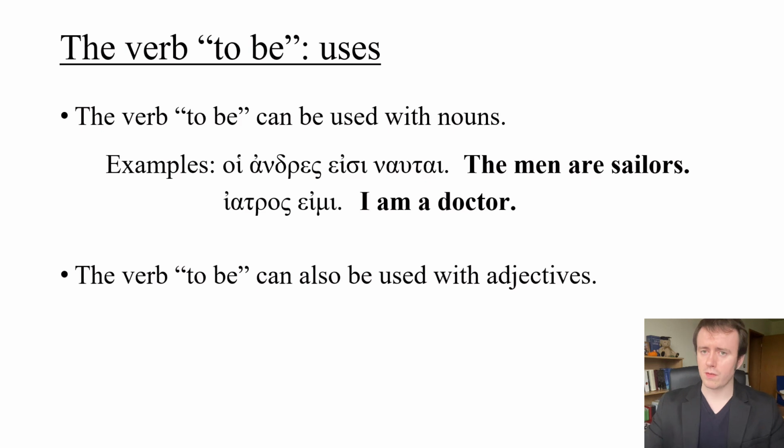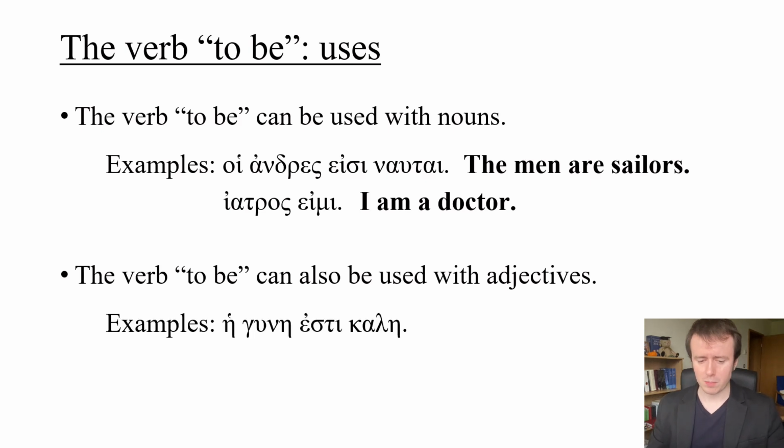Now, the second use of the verb to be is as follows. The verb to be can also be used with adjectives. You might say, for example, Hē gunē estin kalē, meaning the woman is beautiful. Now here, if you use an adjective with the verb to be, the principle of agreement still applies.